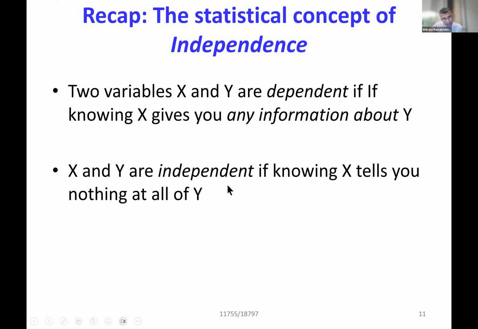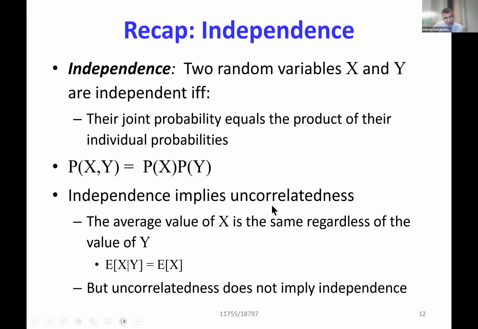So that was uncorrelatedness. The other statistical characteristic we discussed in the last class was independence. If you have two variables X and Y, they are dependent if knowing X gives you any information about Y. And X and Y are independent if knowing X tells you nothing at all about Y. So that has this characteristic statistically.